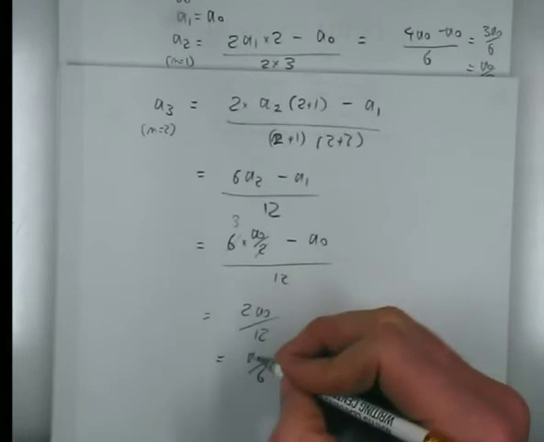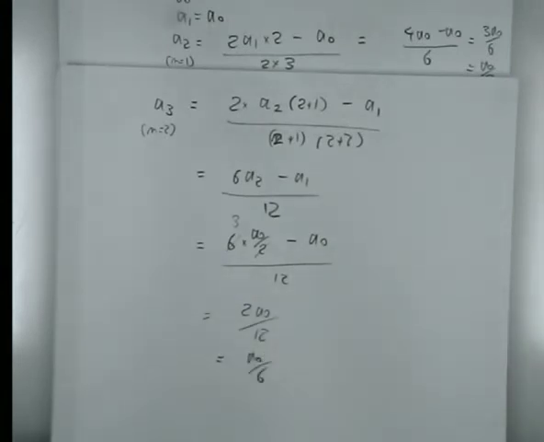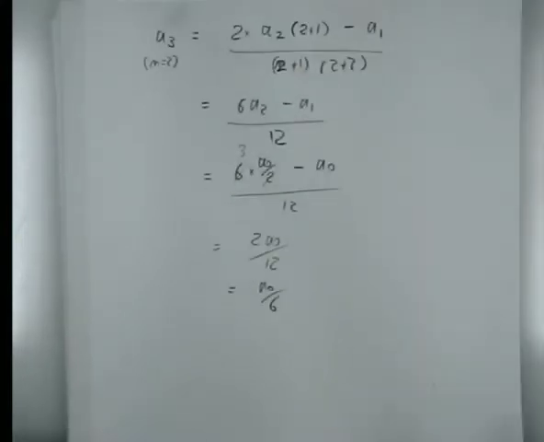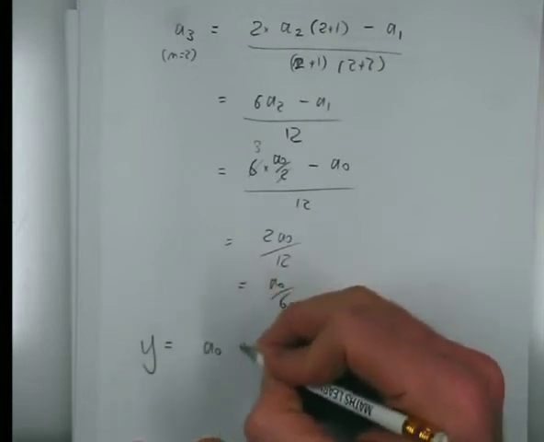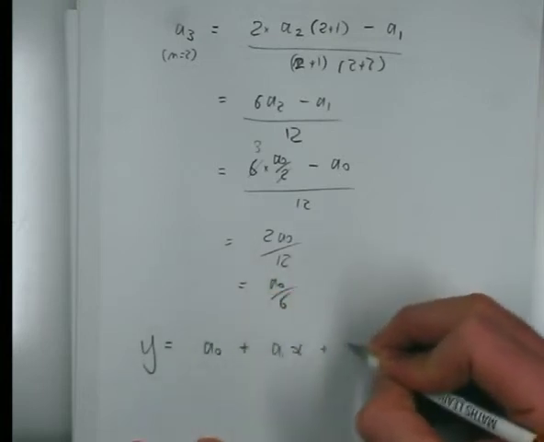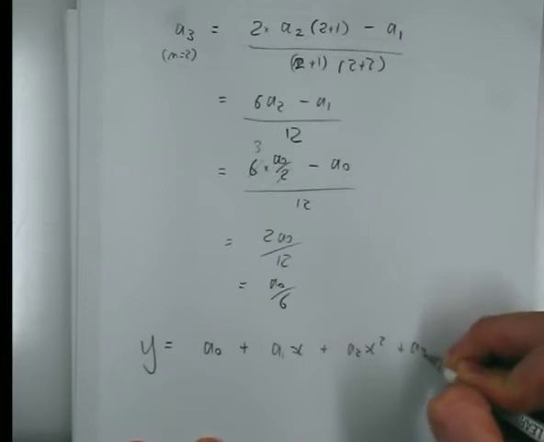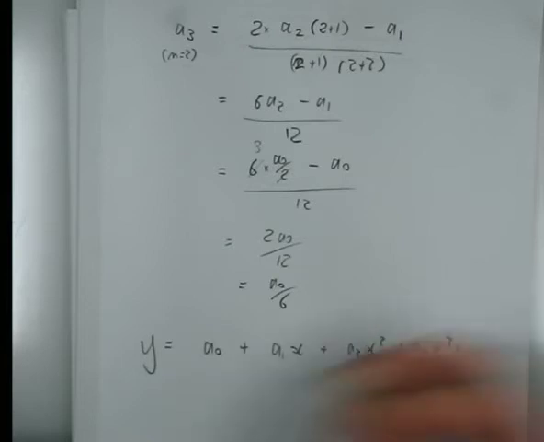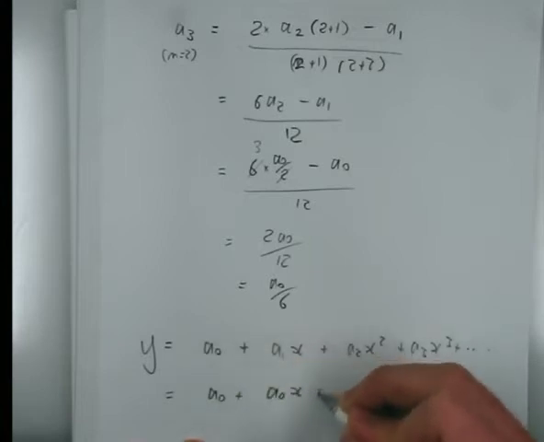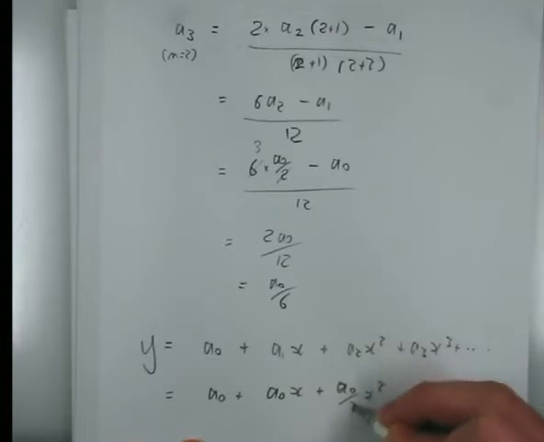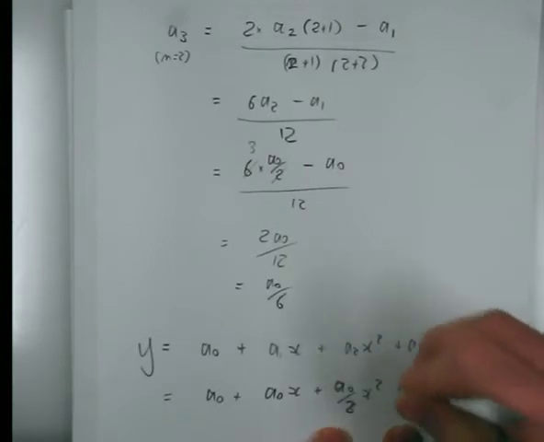So I can calculate them all in terms of A0 if I want. And so therefore, I'm going to get that my y is A0 plus A1x plus A2x squared plus A3x cubed plus and so on. And this is actually A0, and A1 is A0, and A2 was A0 on 2, and A3 was A0 on 6.